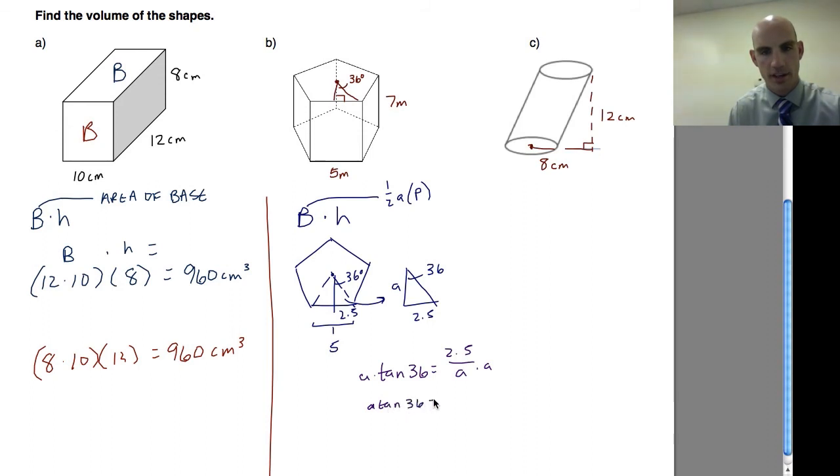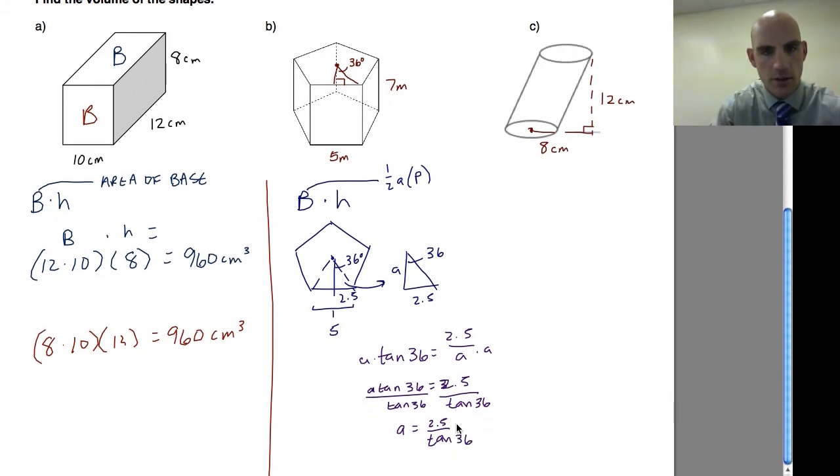A tangent 36 is equal to 2.5, divided by tangent 36 on both sides. A is equal to 2.5 divided by tangent 36. Now, let me move this up just a little bit. That's my apothem.